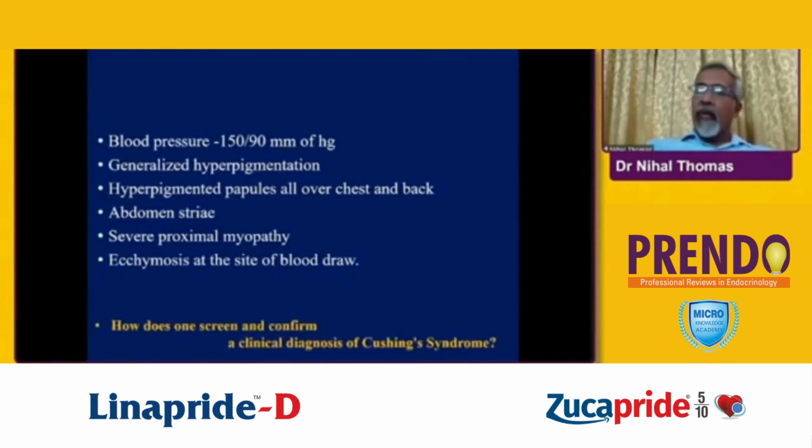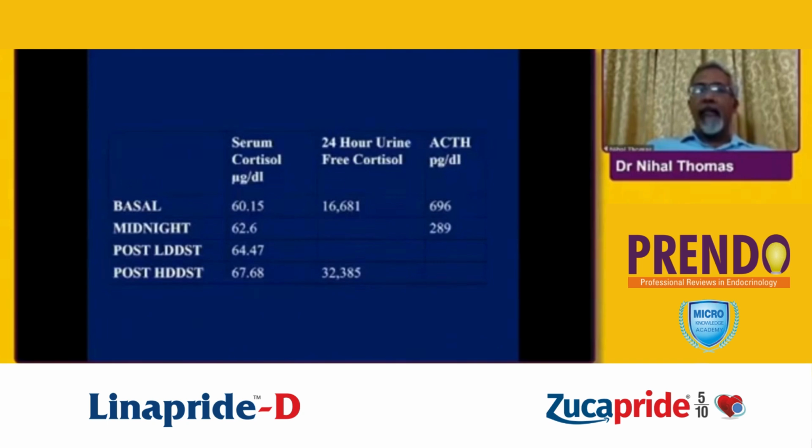And therefore, what would one do at this particular point of time? So we go through the process of screening for Cushing's in this very obvious clinical case, and we find that the cortisol levels are elevated in the basal state, the midnight cortisols are elevated, and both post-low dose and high dose cortisol levels are not suppressed. In fact, they're extremely high.